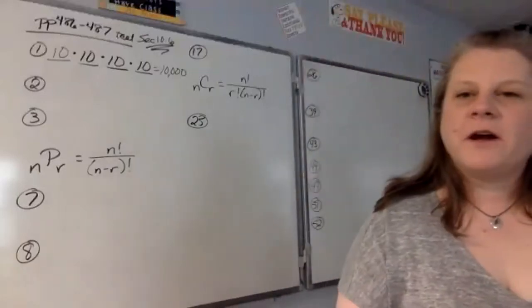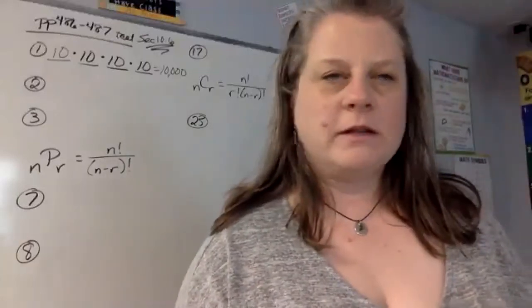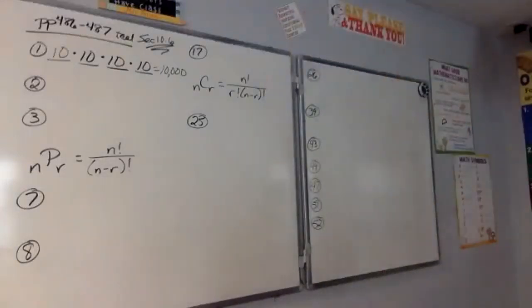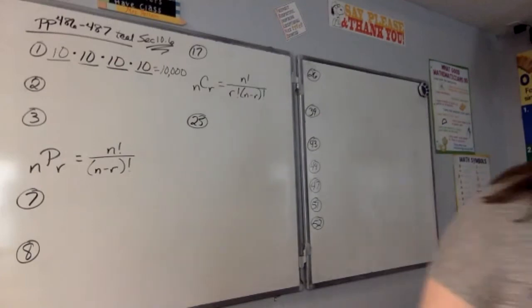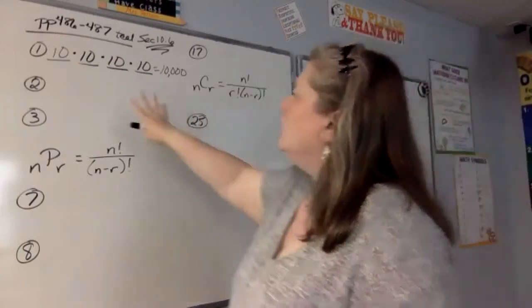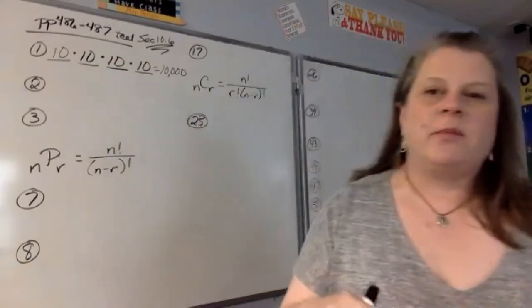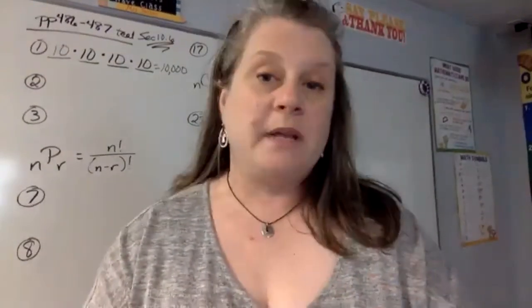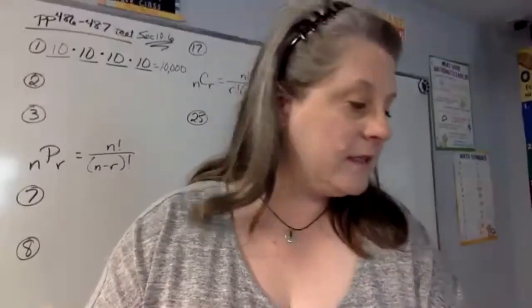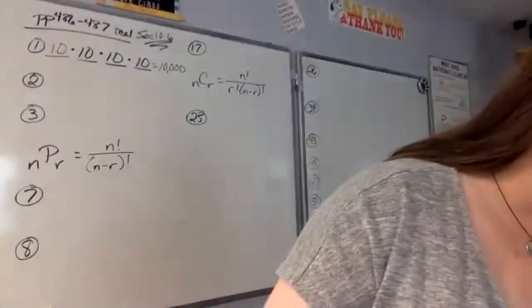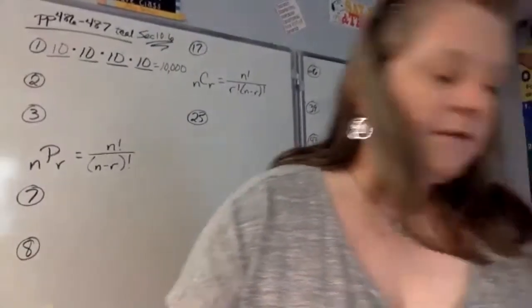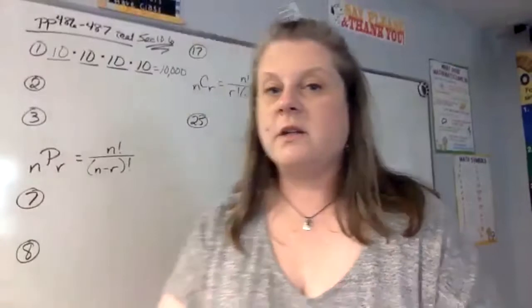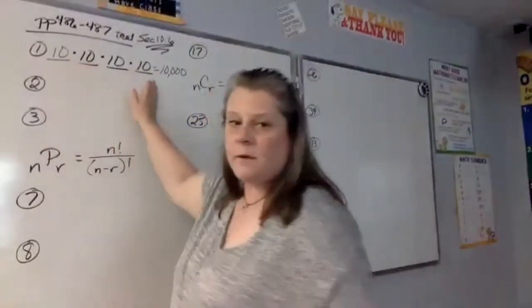We're on page 486, and we've only done number 1, so you haven't missed too much. Okay. So on there, because it said they could be repeated. Now, if it said they couldn't be repeated, then that gets us into another situation. If it says they can't be repeated, do I still have 10 choices for everyone?